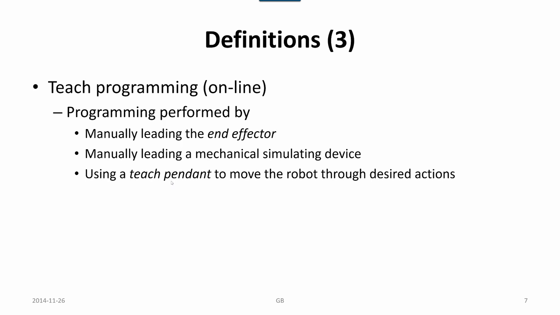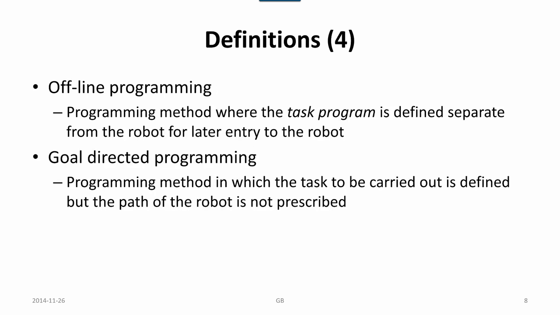So that could be a combination of these kinds of things. And offline programming is the programming method where the task program is defined separate from the robot for later entry to the robot. This is usually where simulation systems come into place.